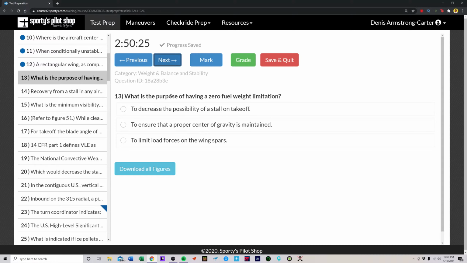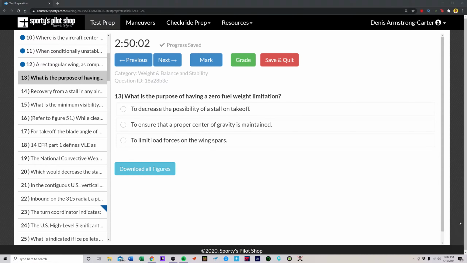So we'll keep going. What is the purpose of having a zero fuel weight limitation? So this is airline stuff, guys, because zero fuel weight is all airline stuff. So we'll see if we can get this. To decrease the possibility of stall on takeoff, or to ensure that a proper center of gravity is maintained?